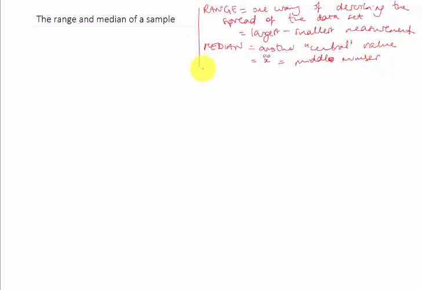So the first thing we have to do, if we're confronted with a data set like this one, so let's imagine we've got this, it says 26.